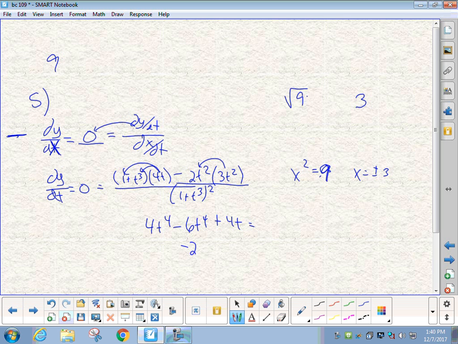So negative 2t to the 4th plus 14t equals 0. Negative 2t times t cubed minus 7 equals 0, so t is the cube root of 7. Okay. So it's D, right? D, yes.